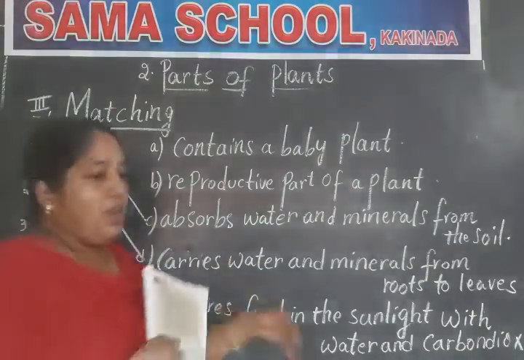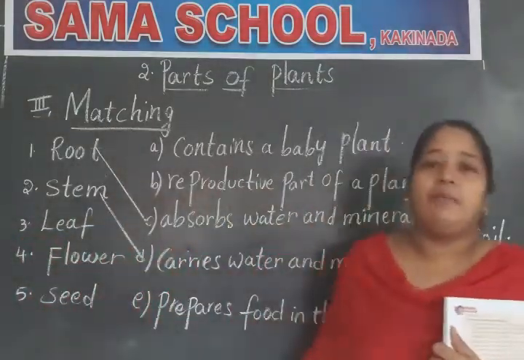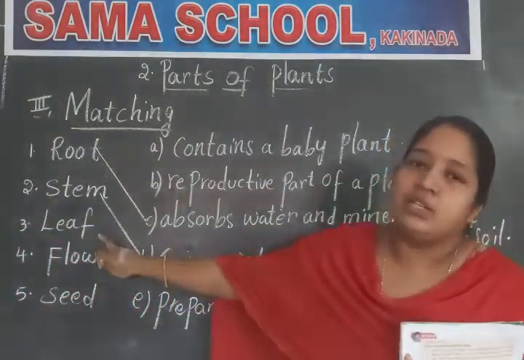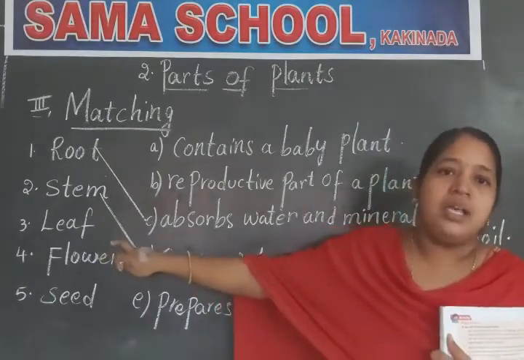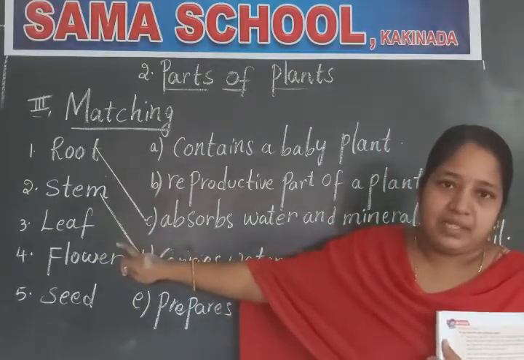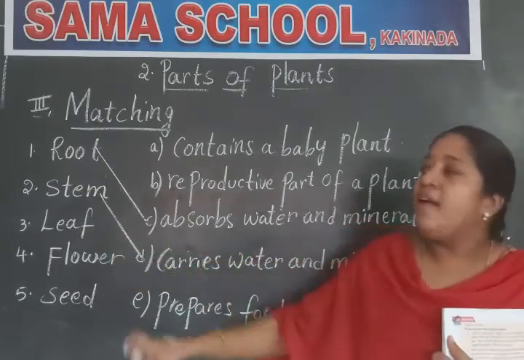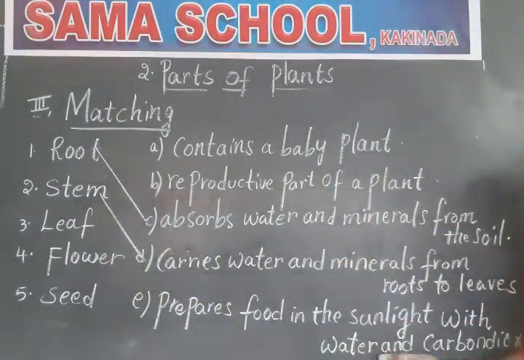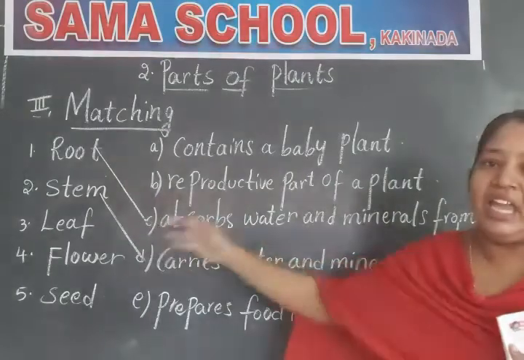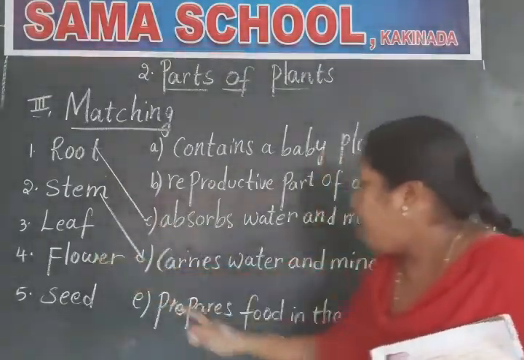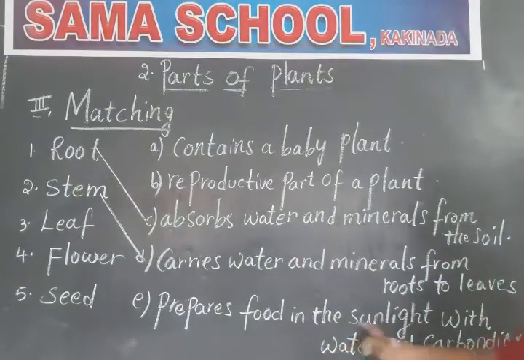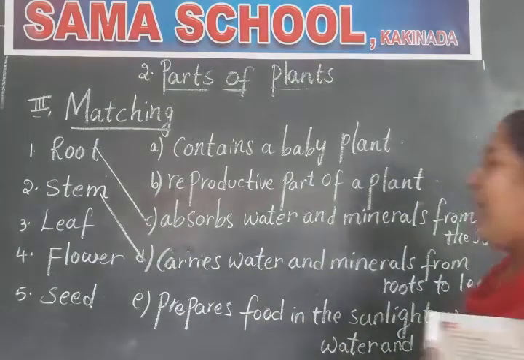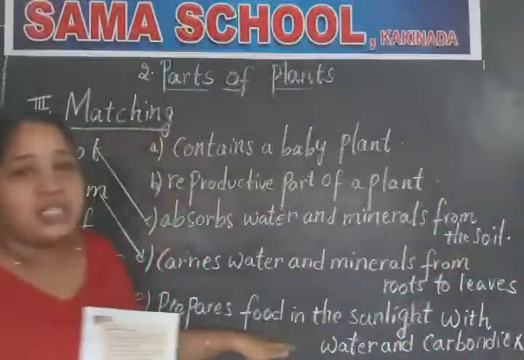Next one, leaf. Now tell me, children, which part is called kitchen of the plant? Yes, leaf is called kitchen of the plant because the food is prepared in the leaves. Now tell me, what is the answer related to leaf? Yes, leaf prepares food in the sunlight with water and carbon dioxide. And one more thing is very important. What is that?